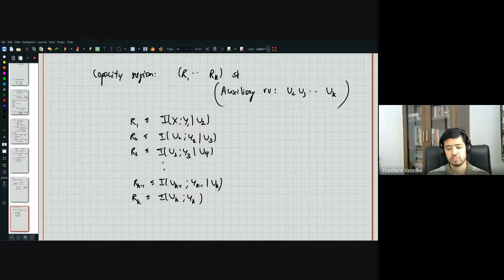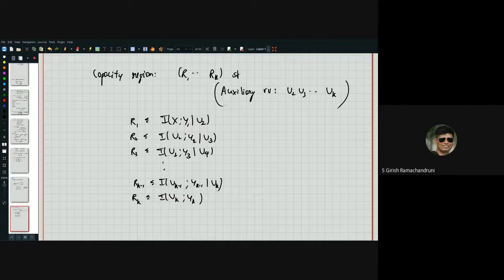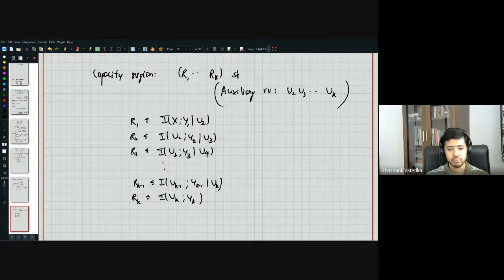It's a very, very long-standing open problem, open for more than 30, 40 years now. So if anyone is able to solve, even for 3 users, in fact, even for the 2-user non-degraded broadcast channel, if someone finds the complete capacity region, then that itself would be a great breakthrough.